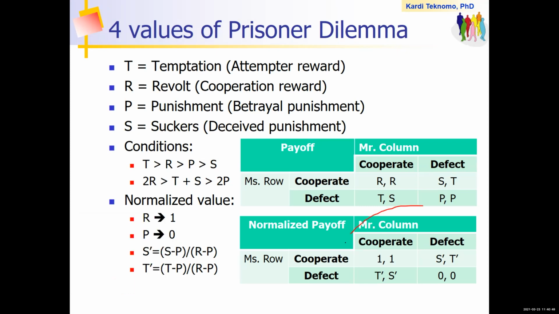So this is the normalized payoff. The values represent the temptation reward, cooperative reward, betrayal punishment, and sucker's punishment. This is the more general form of the prisoner's dilemma. This has been studied by many researchers.